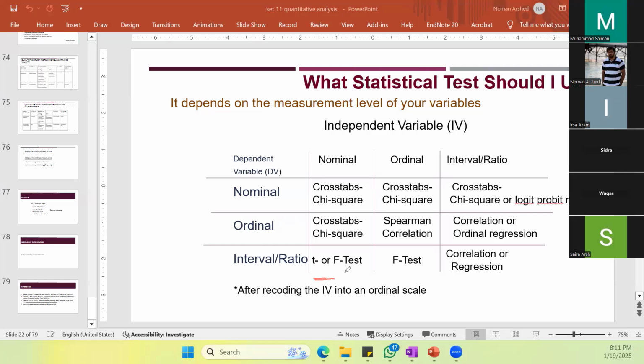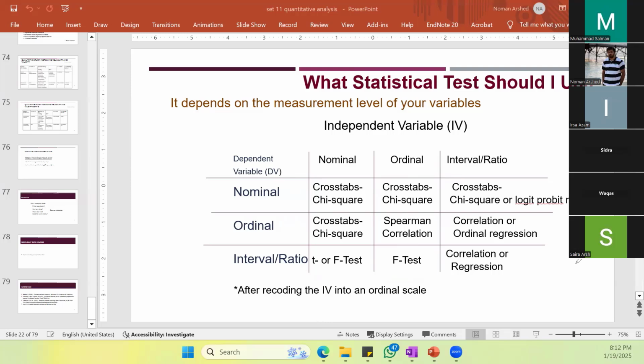It's a two-sample t-test, or if there are multiple nominal groups, then an F-test. If it is ordinal, we can also use an F-test. And correlation and regression are used when both are interval. Okay, so this is the background.